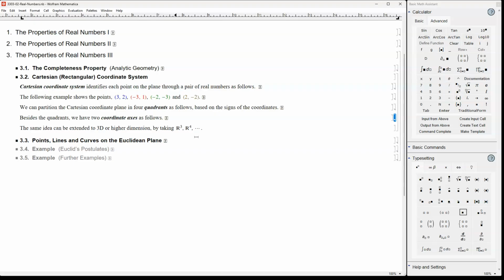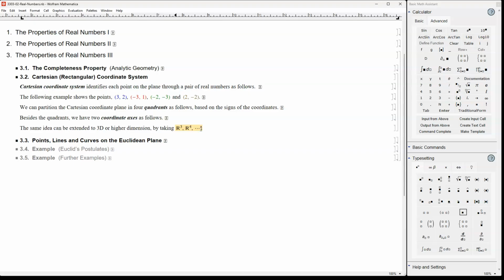And then if you're in higher dimensions, just take triples and quadruples, quintuples, and so on to get R3, R4, R5, and so on. How about R1? Yeah, that works too. We have a number line, but we cannot see R1 very well. We can see R2 and R3. R4 we can't.